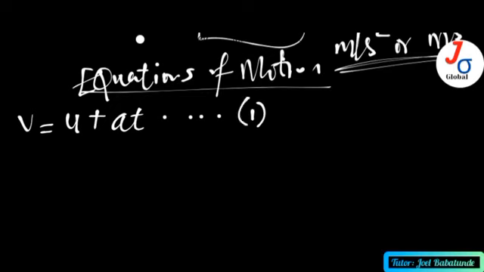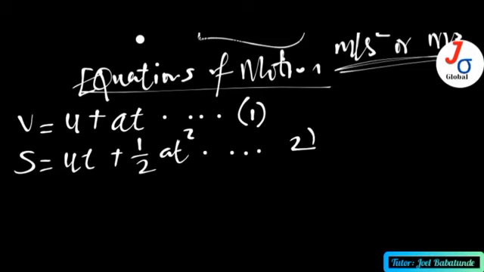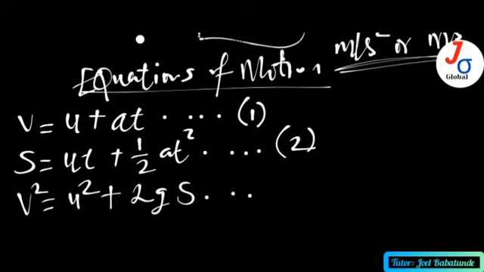Then the second is S equals UT plus half AT squared. Then the third is V squared equals U squared plus 2GS. Now I know you'll be wondering, what is U, what is A, what is V, what is T.